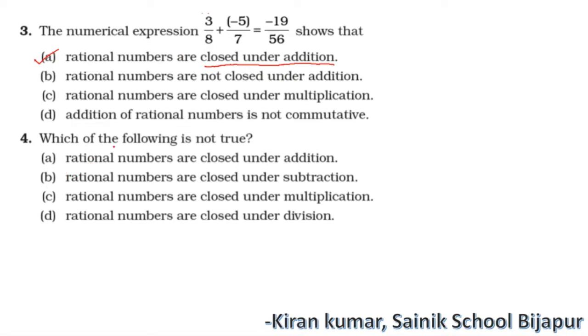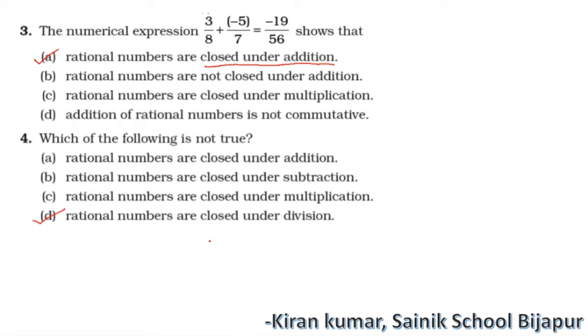Fourth one, which of the following is not true? Here, observe they have mentioned that rational numbers are closed under addition, subtraction, multiplication and division. You must know that the rational numbers are not closed under division since 0 is involved. Except 0, if it is considered, then only it is closed.